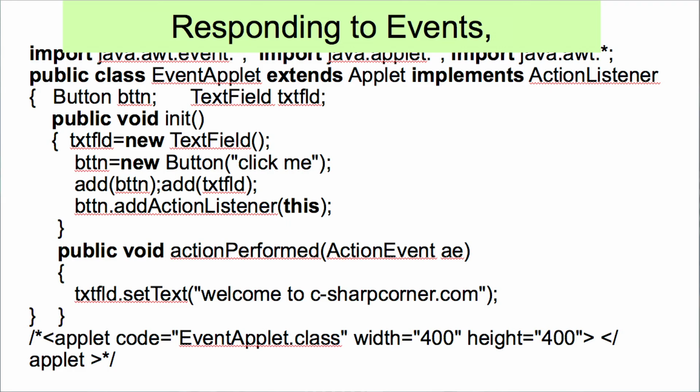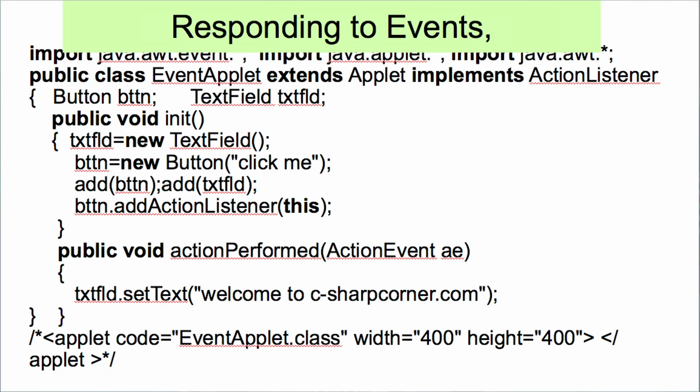So with the same class we are adding the action listener: if there is any button inside the class and an event happens on that button, meaning we press or click on it, then this button will read the event. You can see this is the last line of this init method. Now see another one, public void actionPerformed(ActionEvent ae). The action event will be generated, and actionPerformed is a function.